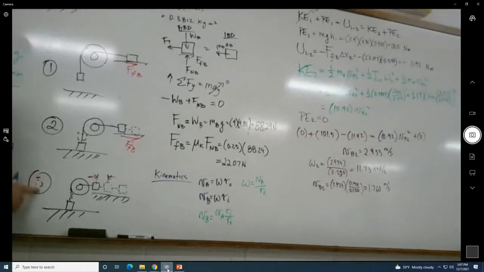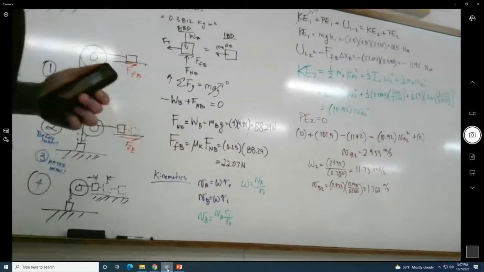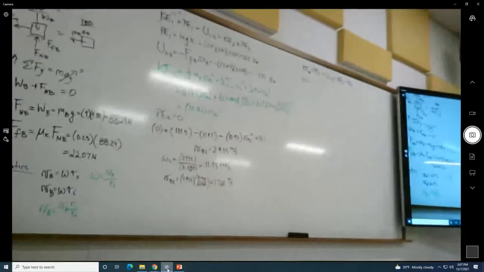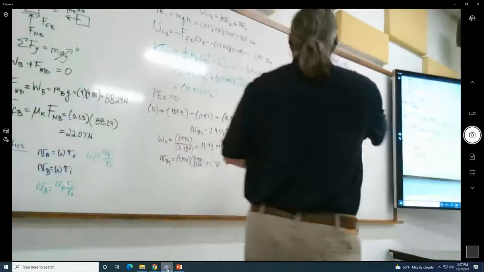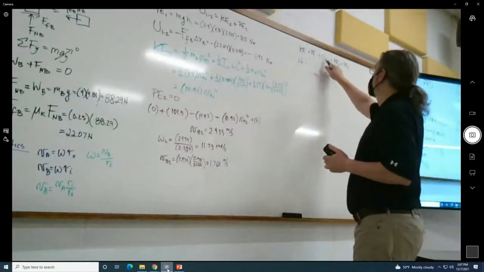I might have wanted to number these differently, like maybe I want to make this one 4, and 3. This is before impact, and this is after. And so therefore I want to change all of these things.